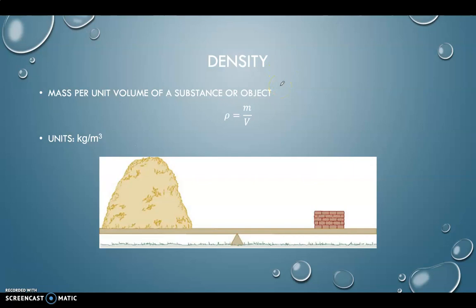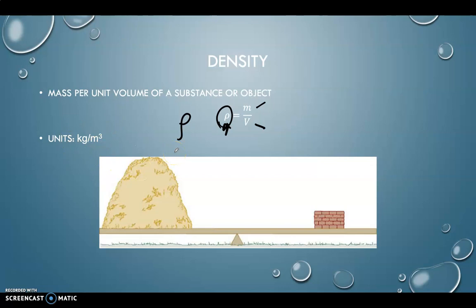So density is the mass over the volume of a substance. It is represented in this equation as a rho, and it has the units of kilograms per meter cubed. So this is a density unit, okay?